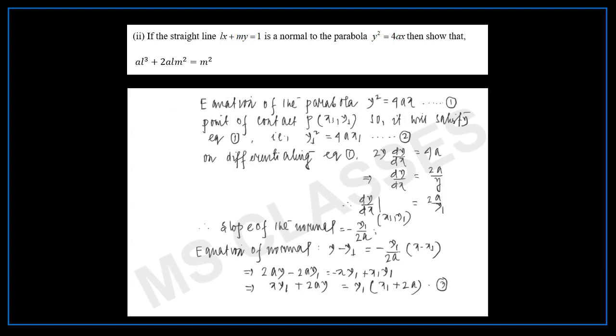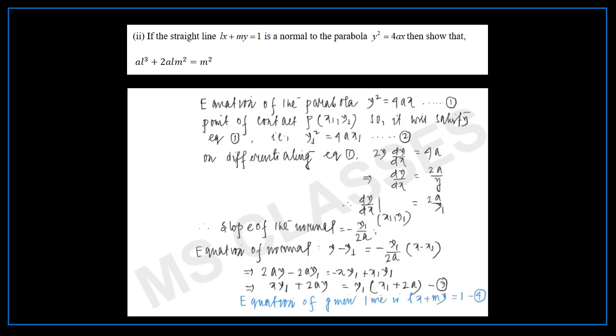Now the equation of the given line is Lx plus my equal to 1, which we can take as equation 4.